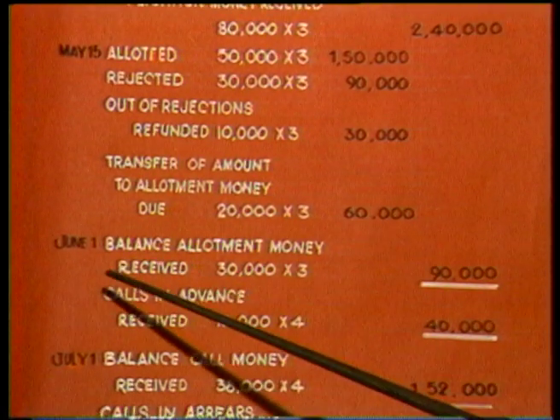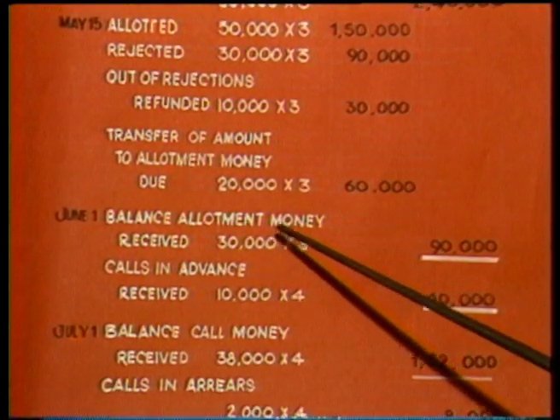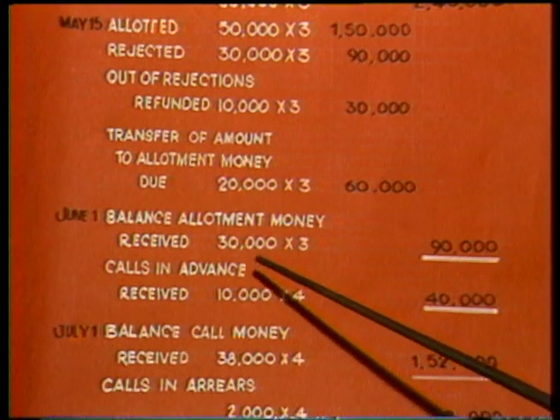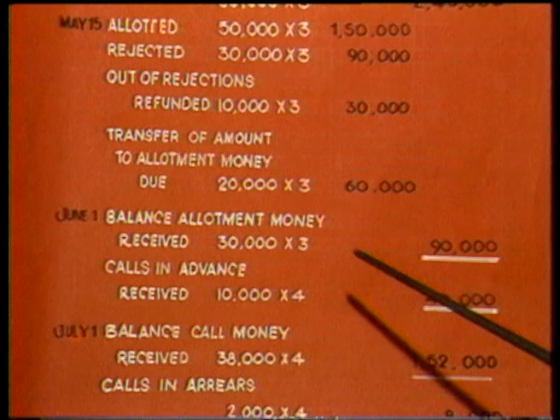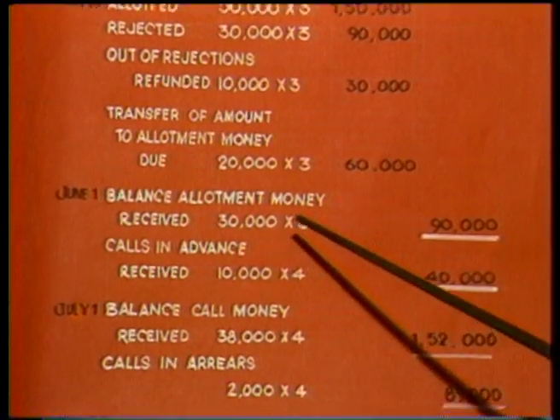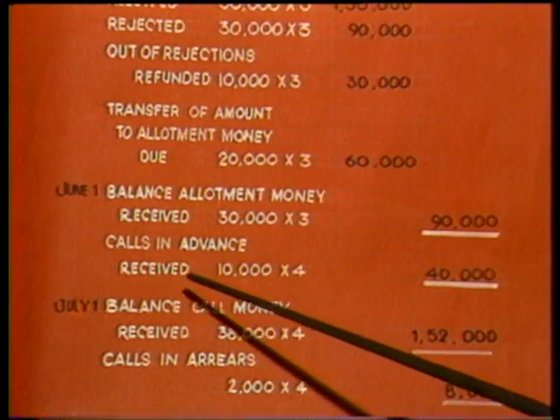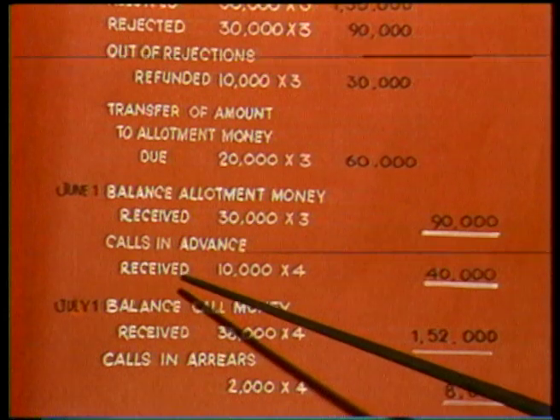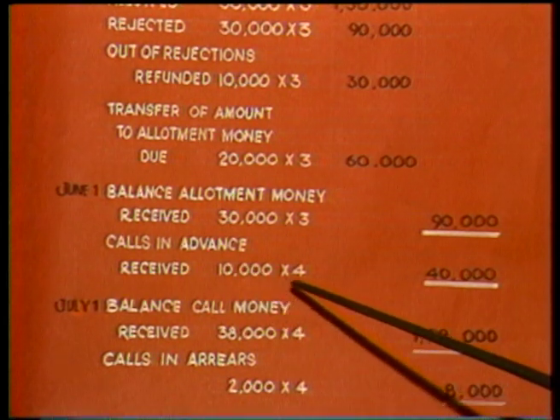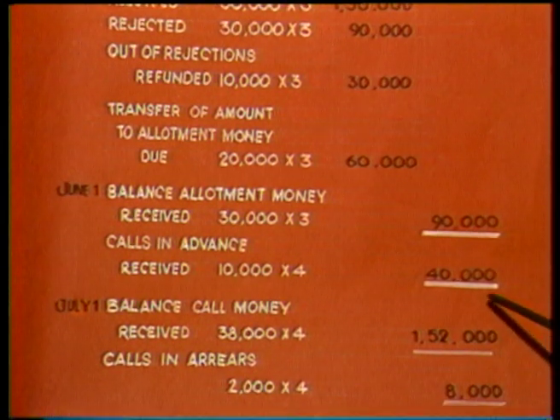On 1st June, the balance allotment money due on 30,000 shares at rupees 3 per share were received, and that amounted to rupees 90,000. Along with that, we also received calls in advance pertaining to the first and final call due later on 10,000 shares at rupees 4 per share, amounting to rupees 40,000.